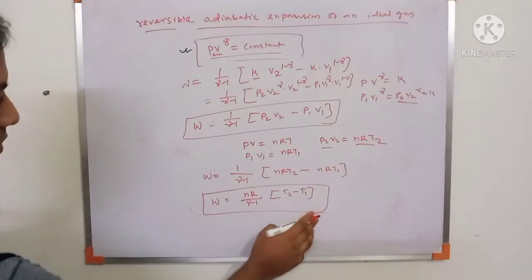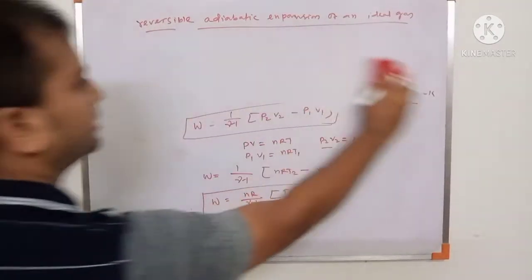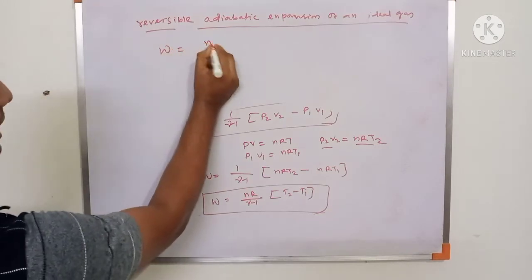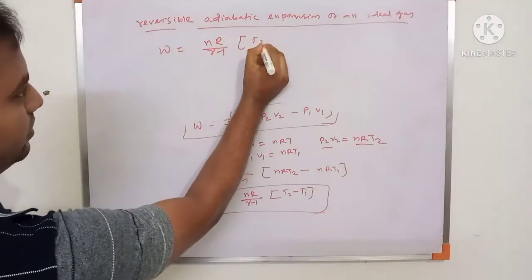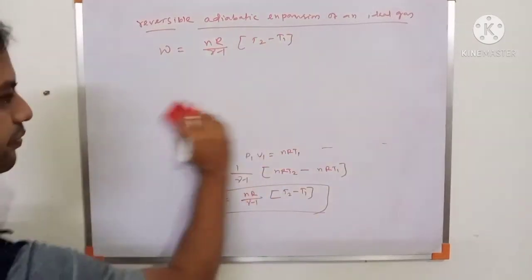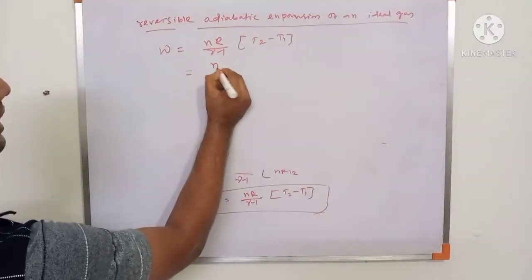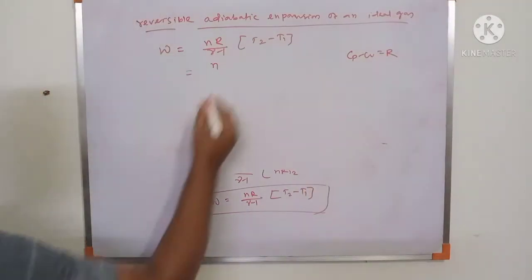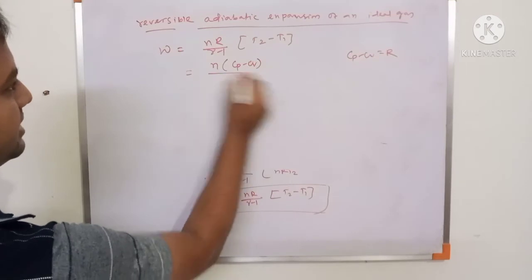Another equation. This is the most important. And third, W equal to nR by gamma minus 1 into T2 minus T1. Now n, we know Cp minus Cv equal to R. So substitute this value. So Cp minus Cv.